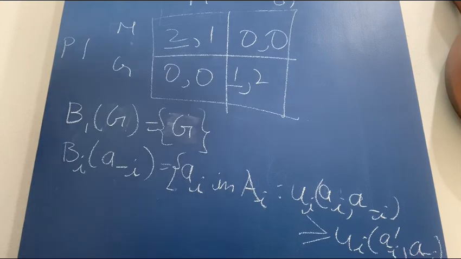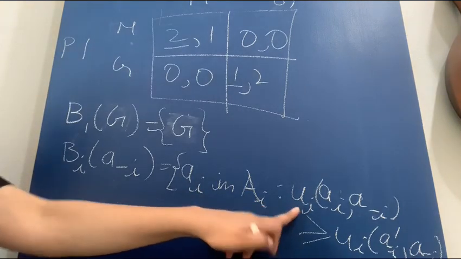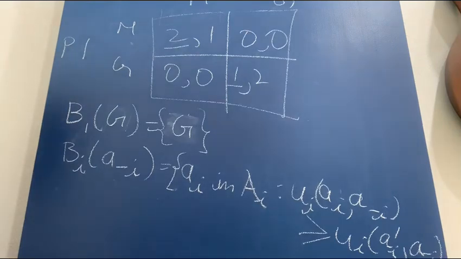That means their Nash action profile is giving them the highest possible utility or payoff. So in a Nash equilibrium, every player is playing their best action given what other players are doing.